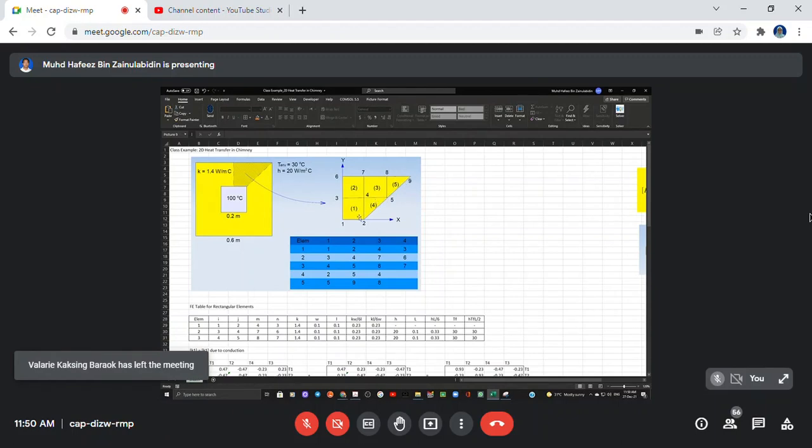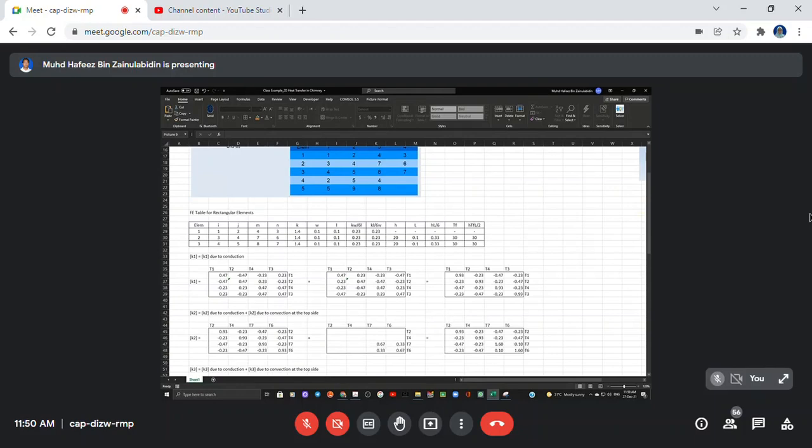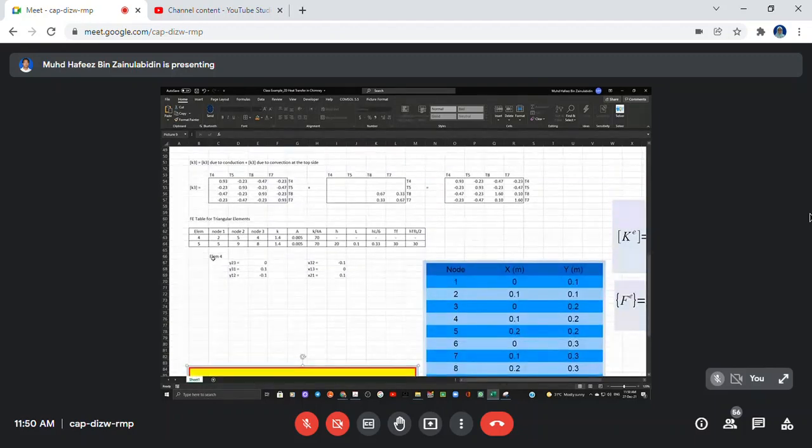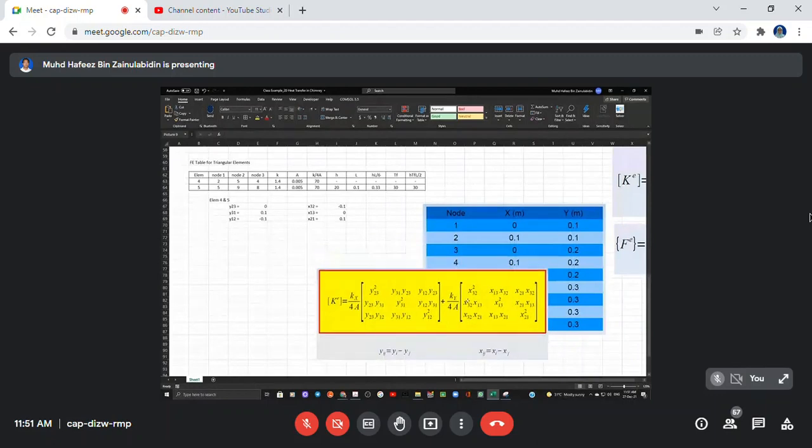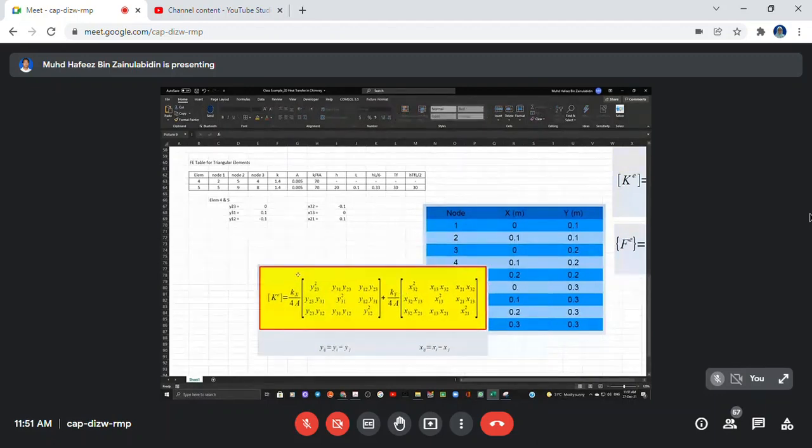Because same dimension, same orientation. So the value for element 5 equals that for element 4. From there, we can calculate this.